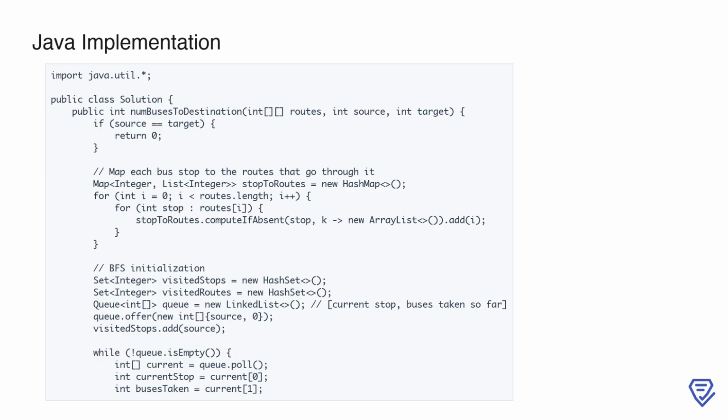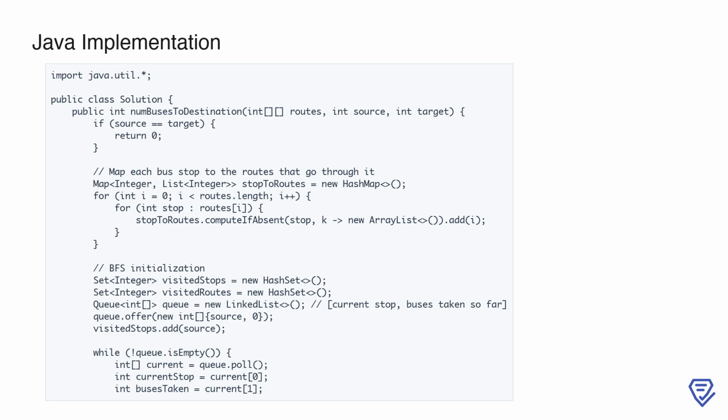We use a nested loop, iterating through each route and its stops, and populate this map using the computeIfAbsent method to simplify the logic for adding entries. Then, we initialize the BFS algorithm. We'll use a queue to track the current stop and the number of buses taken so far. Additionally, we maintain two sets: visited stops to prevent revisiting the same stops, and visited routes to avoid redundant processing of routes.